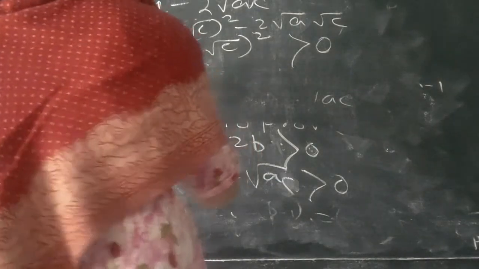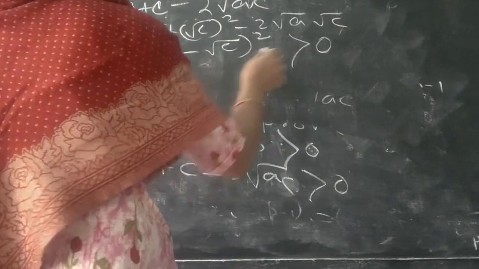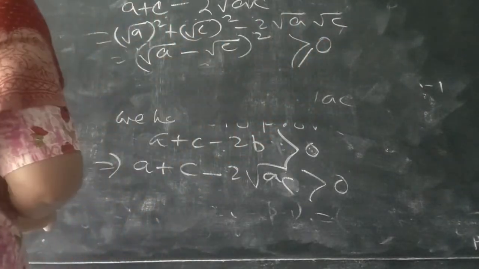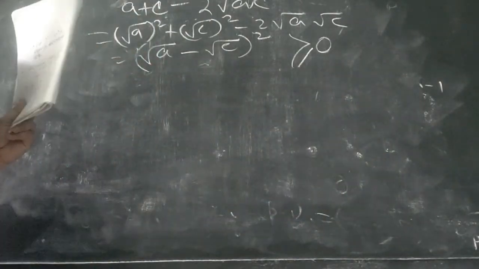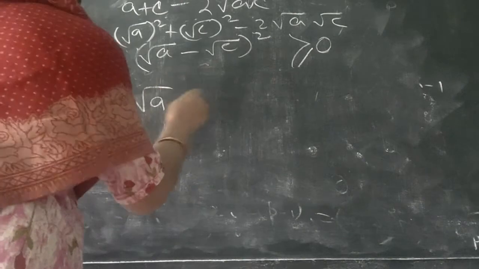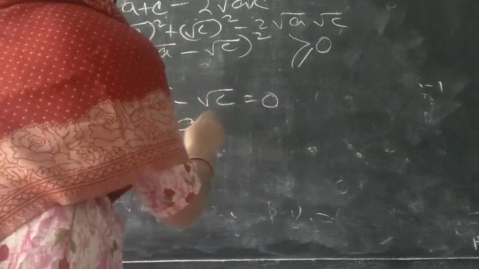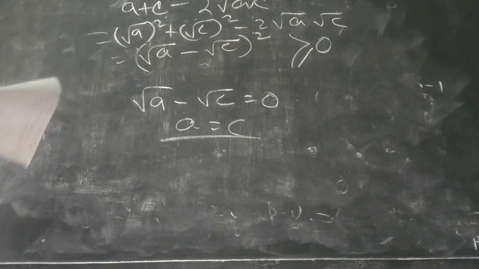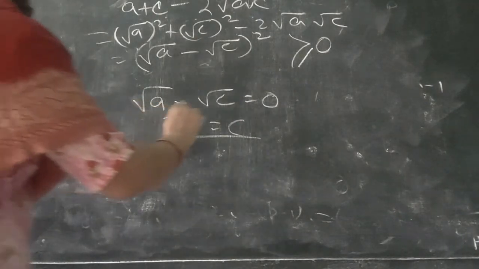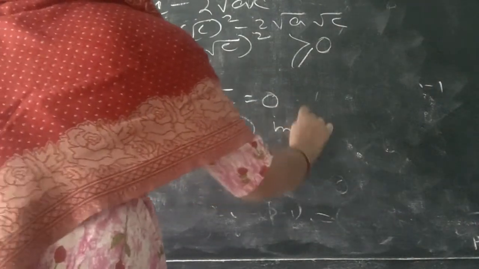But it is equal to 0 if root a minus root c equal to 0, that means a equal to c. But here it is given a, b, c are different numbers. So this is impossible.